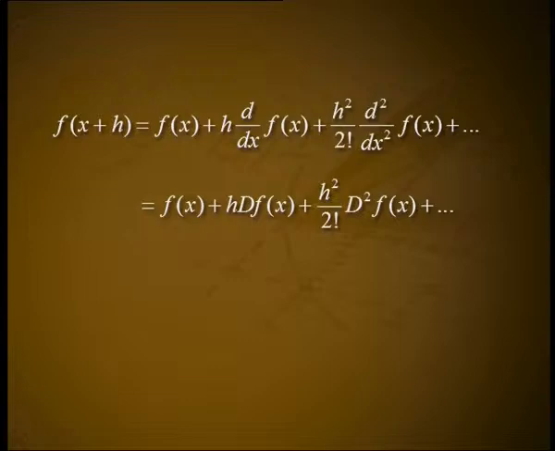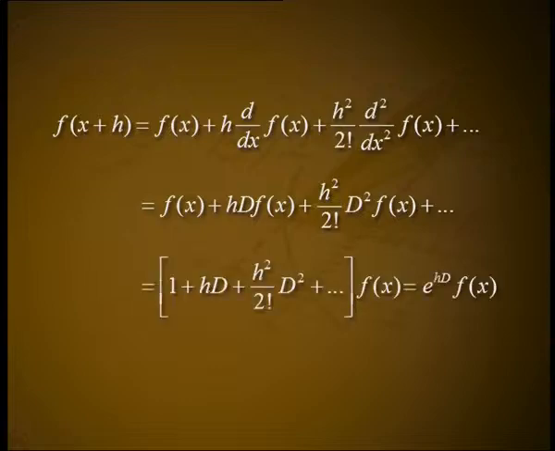By Taylor's expansion, f(x + h) = f(x) + h d/dx f(x) + h²/2! d²/dx² f(x) + etc. That is f(x) + h D f(x) + h²/2! D² f(x) + etc. That is (1 + hD + h²/2! D² + etc.) f(x), that is e^(hD) f(x).